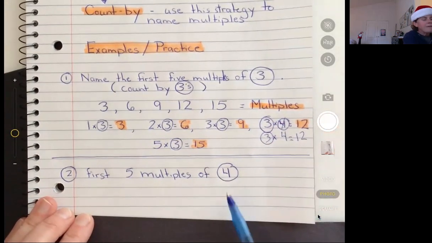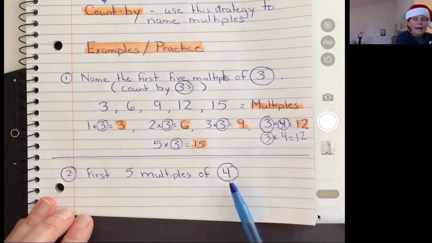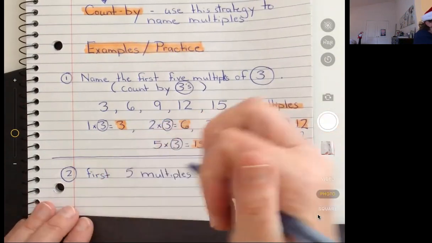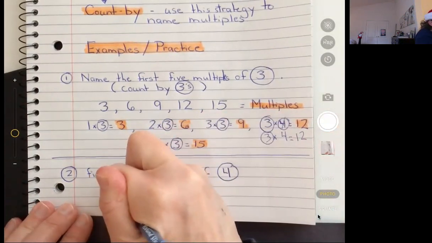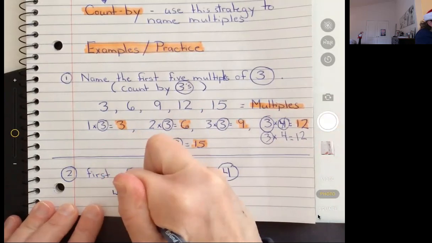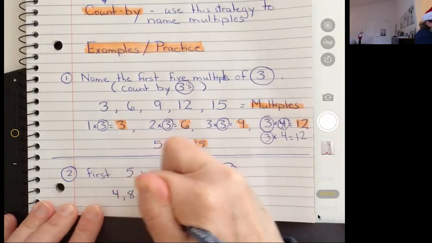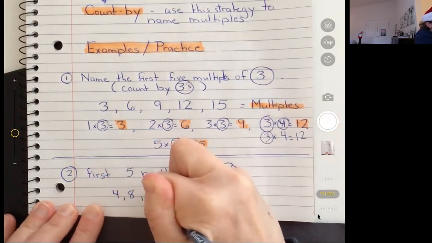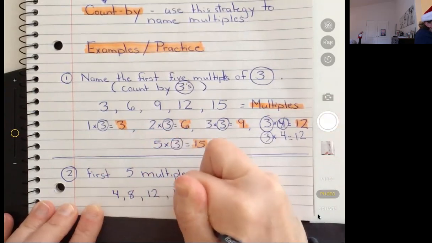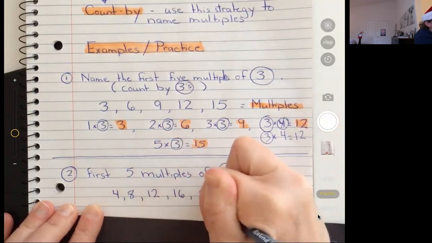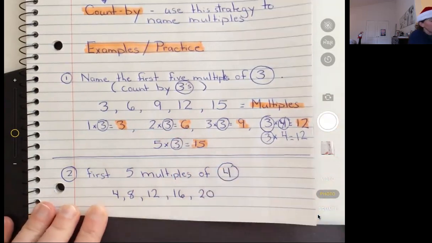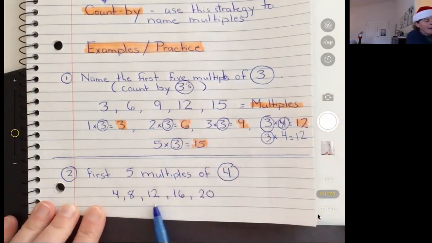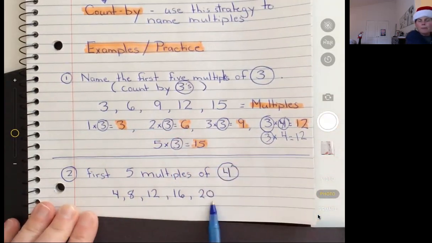So every answer, every product that I get when I start counting by 4s, those are considered the multiples of 4. So let's see. I'll have 4, 8, 12, 16, and 20. I'm just skip counting by 4s to come up with my multiples.